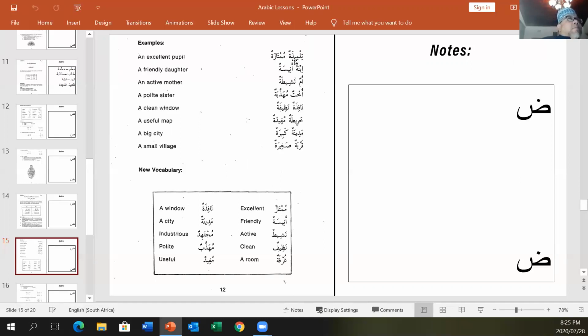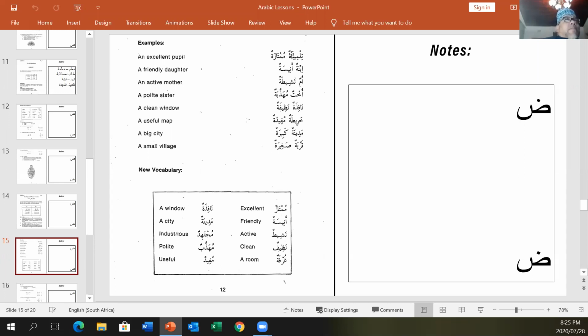So now I just want to be a bit challenging to us, a brain teaser. If you must now change that to an excellent male pupil, how would you say that? Remember this, tilmidatun mumtazatun, that's feminine, right?